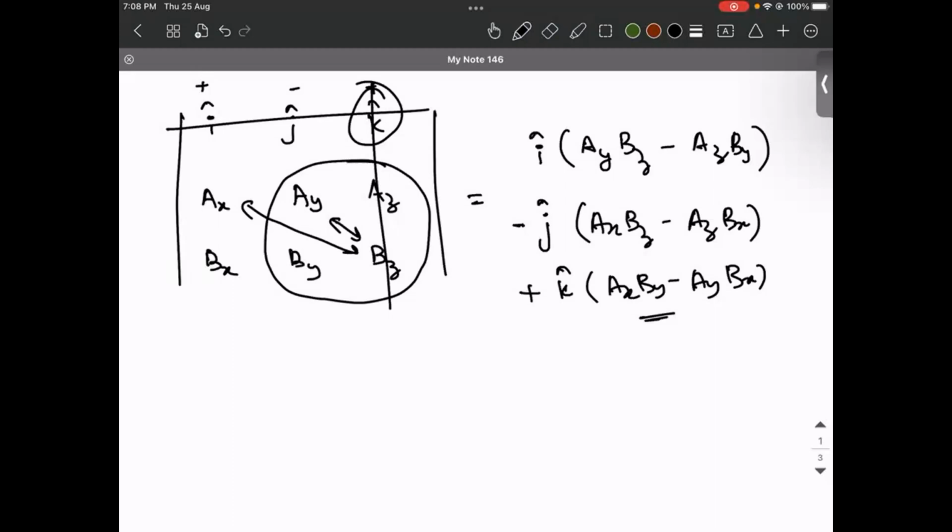In the next class we'll solve some problems followed by the next concept. The next concept I'll give you is relative velocity, or should I start circular motion first? After that, I'll put relative velocity.